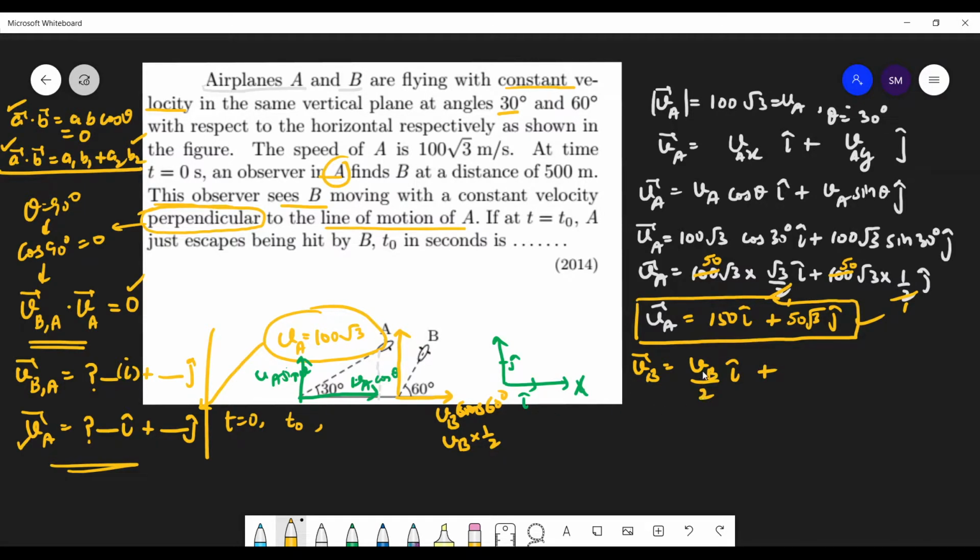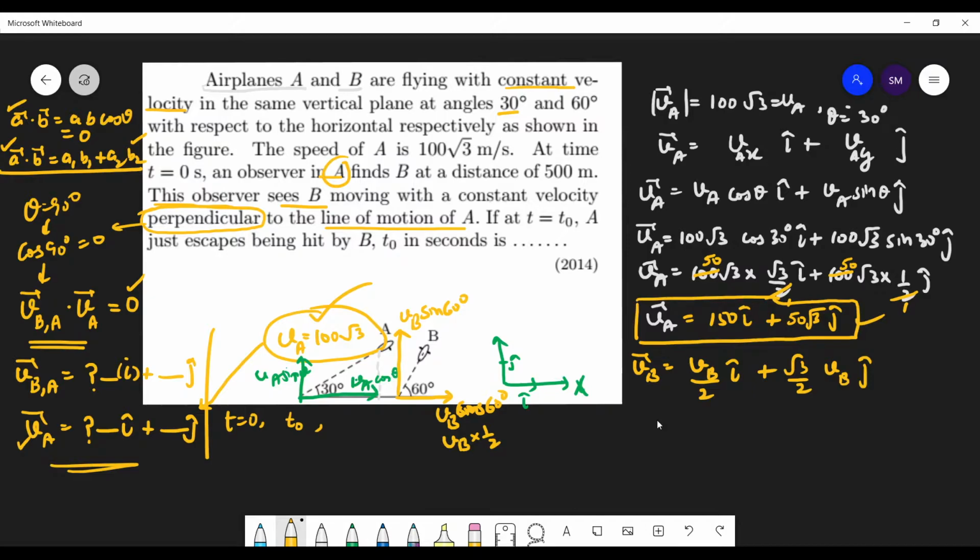Students, you don't know the value of VB here. VA is given, but VB is not given. So this is VB sin theta, VB sin 60 degrees. Sin 60 is root 3 by 2, so I can write this as root 3 by 2 VB j cap.